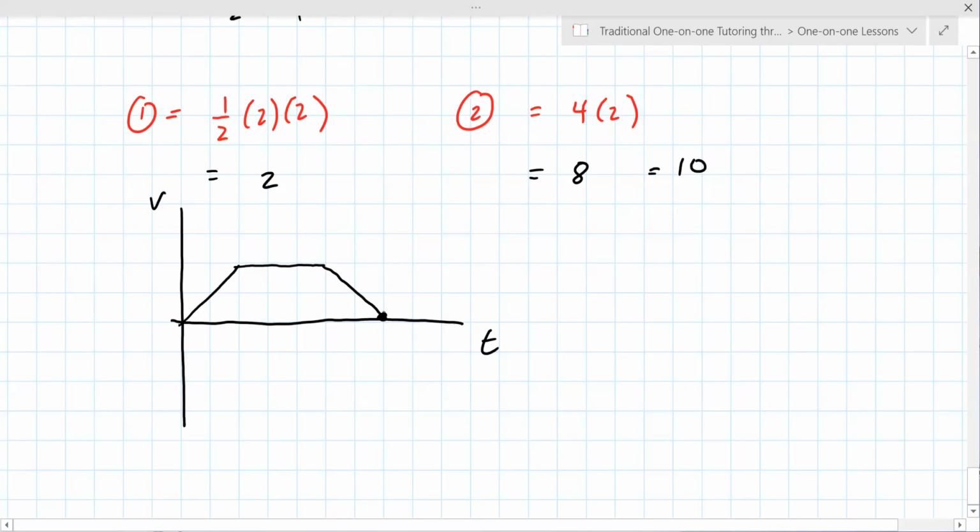At t equals 0, what is the velocity value right there? The velocity here is 0, then it's 2, and then it goes back to 0. So you're running, you're speeding up, then maintaining your speed, and then you stop. Do you agree with that?